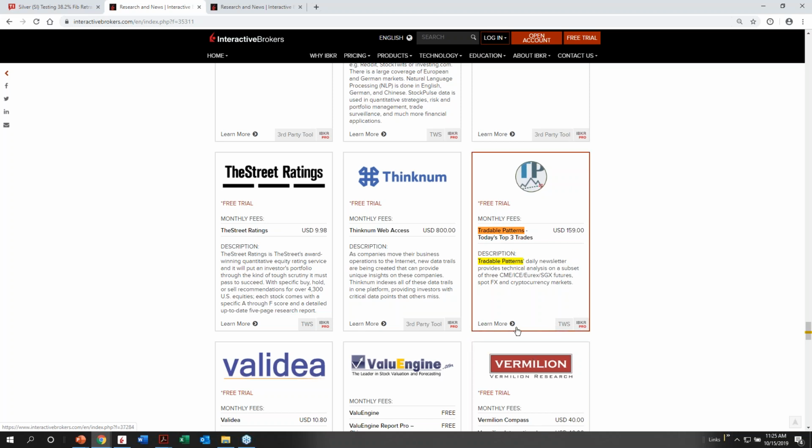I'm also going to show you a Learn More button where you can get some additional information, as well as access to Darren's website. You can go in and view the products that are available. I do want to point out that these reports have been integrated into the Trader Workstation. With our recent release of IBKR Lite, notice that this will only be available through IBKR Pro, which you can access through the Trader Workstation or our mobile applications.